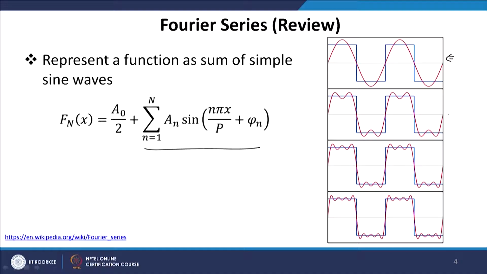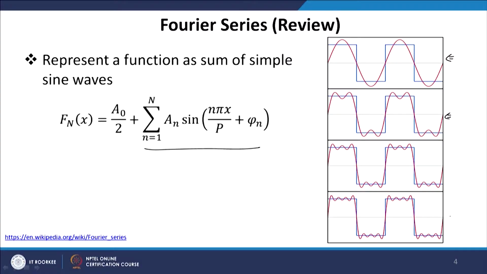If the first term is retained, we get a sine wave, and the sine wave is not able to fit the square wave very accurately. If we take two terms, we get a better agreement, and this wave represents the square wave much better than the single term of the series. We keep on increasing the terms in the series, and our result gets better and better in agreement with the square wave.